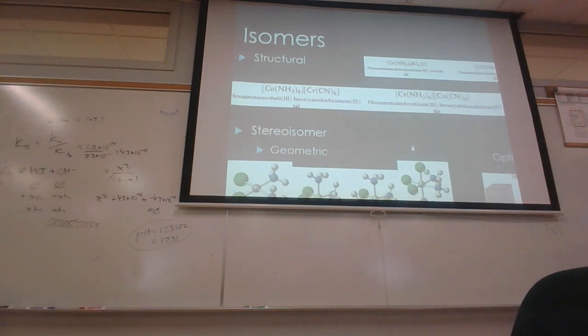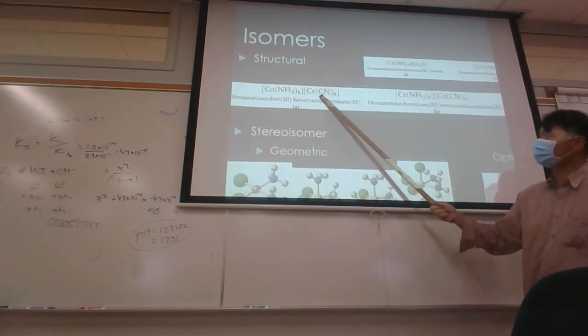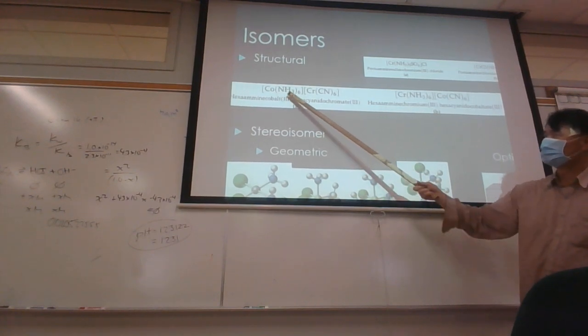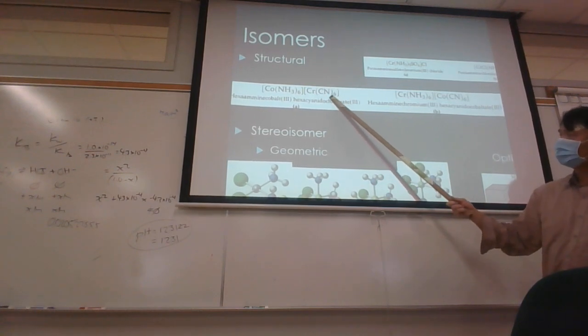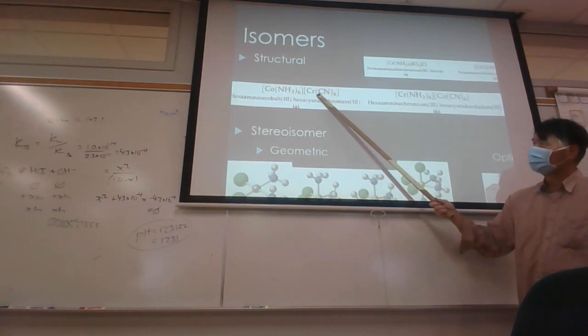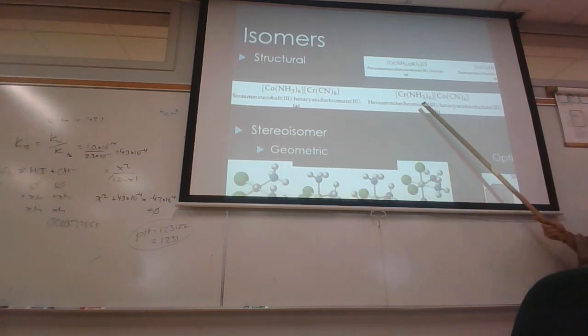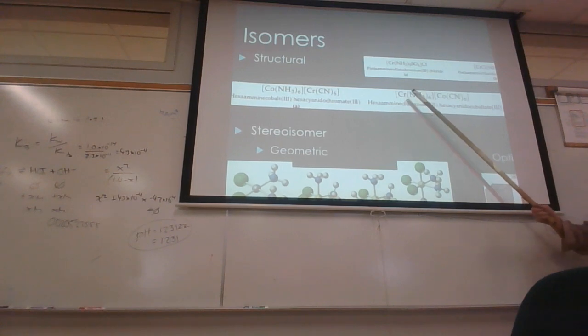Here is another example of structural isomers. Here we have 6 amines, 6 cyanos, but it depends on what they're bonded to. These 6 amines are bonded to cobalt. So this would be hexaamminecobalt(III), and this would be hexacyanido chromate(III). Over here, the amines are going to be bonded to chromium instead of the cyanos.